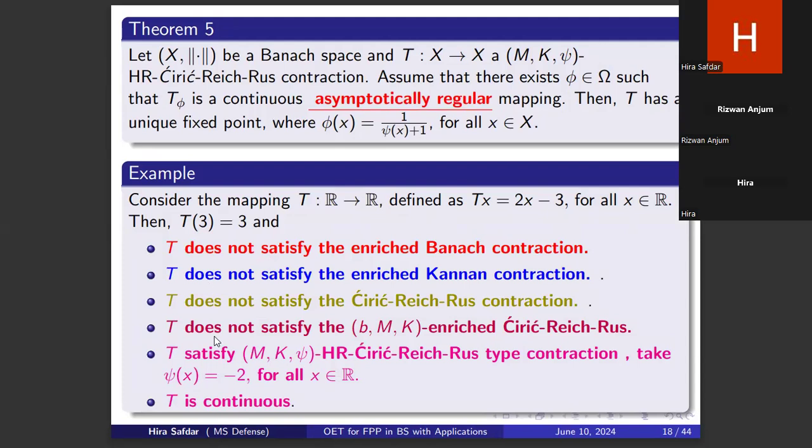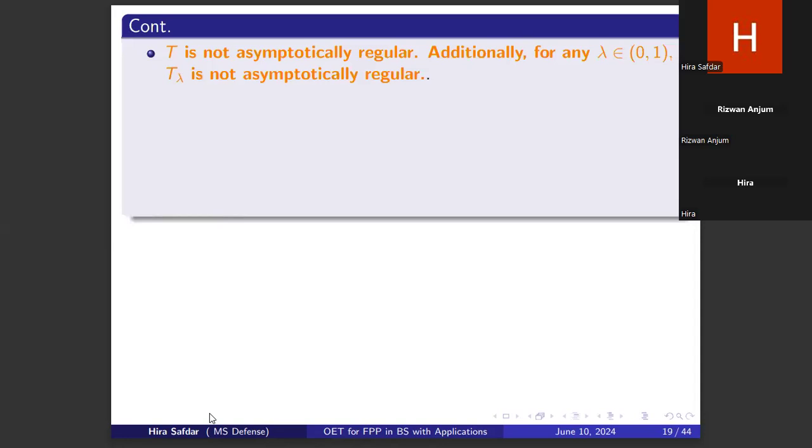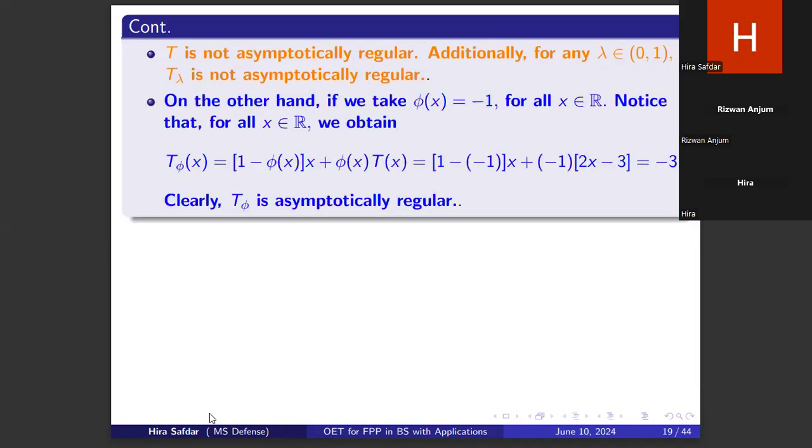Take psi of x equal to minus 2 for all x belonging to R, and T is continuous. T is not asymptotically regular; additionally, for any lambda, T lambda is not asymptotically regular. On the other hand, if we take phi of x equal to minus 1, notice that for all x belonging to R, we obtain that T phi is asymptotically regular.